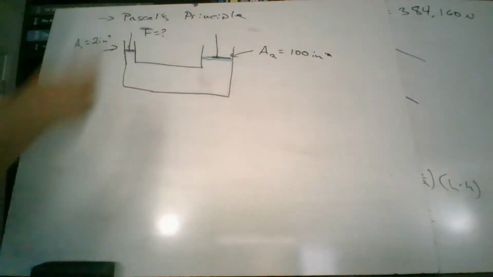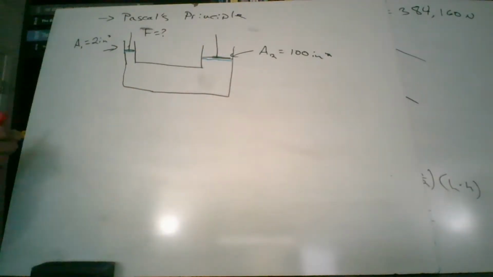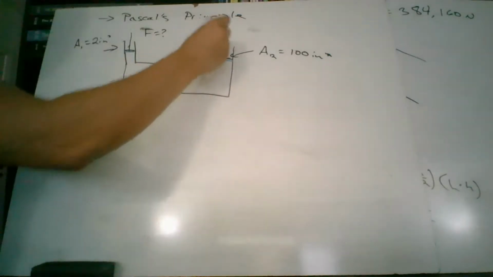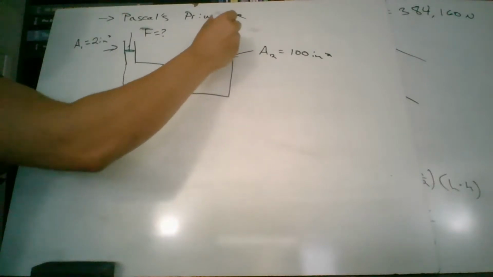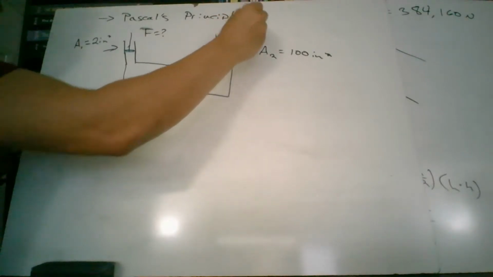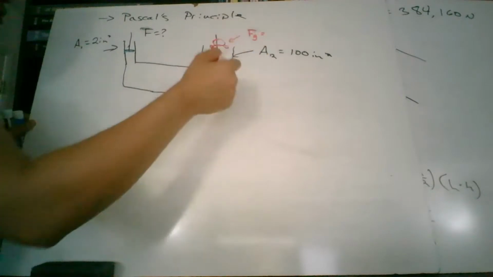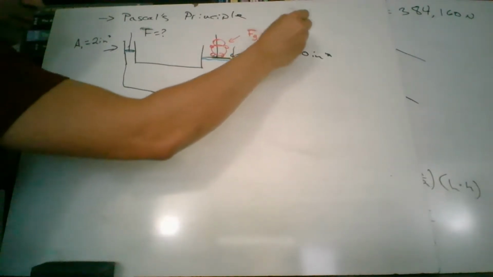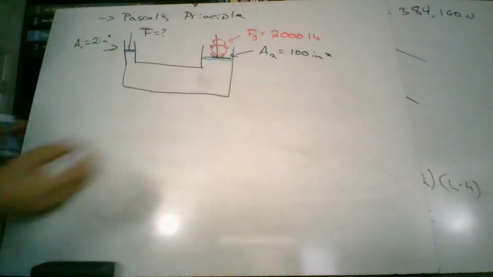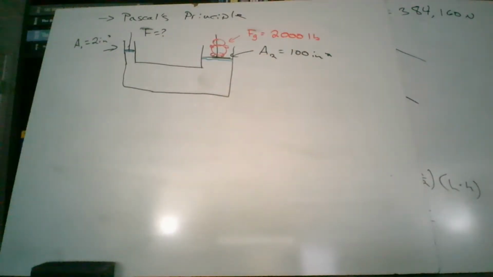And let's say on top of this piston, you've got this really chubby baby. Here's our little chubby baby. The weight of this baby pushing down on it is equal to 2,000 pounds. So that's the force experienced by that baby right there.